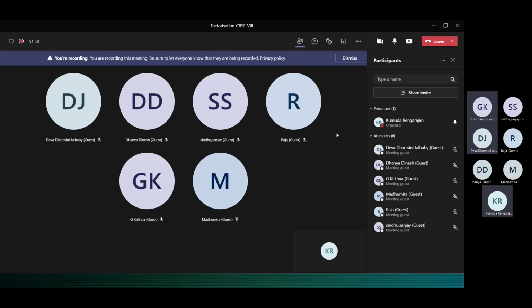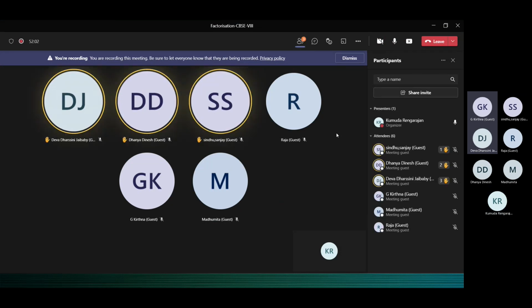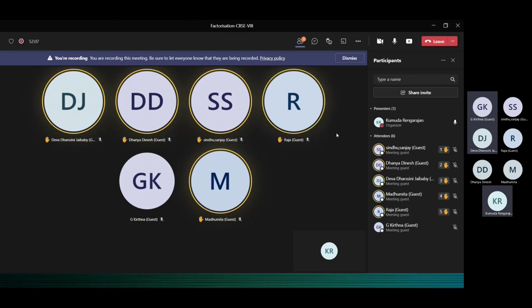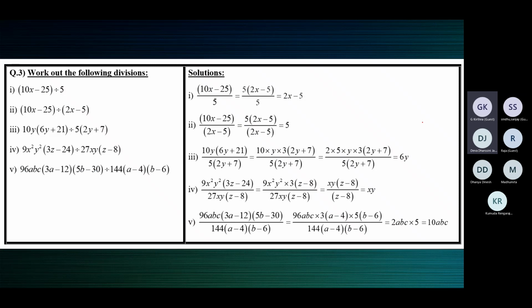Class, use the emoji, raise your hand. Sindhu, Sanjay, Danya, Devadarshini, Madhumita, Raja. Kirtana. Okay. All right, Kirtana. Can we lower our hands? Yeah, you can lower your hands. Okay.